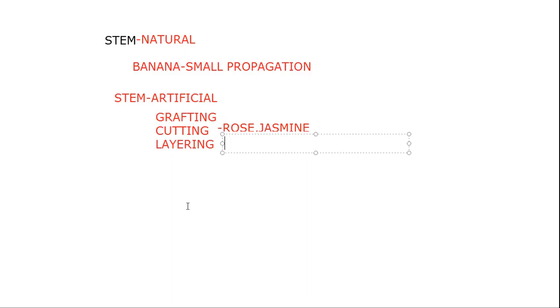So these are all artificial methods: grafting, cutting, layering with the help of stem. Likewise, in the natural method the plant itself will propagate an offspring from its own stem, and that will fall off and grow into a new plant. That is a natural method, banana. Is that clear, children, so far what I have taken? Yes, ma'am.